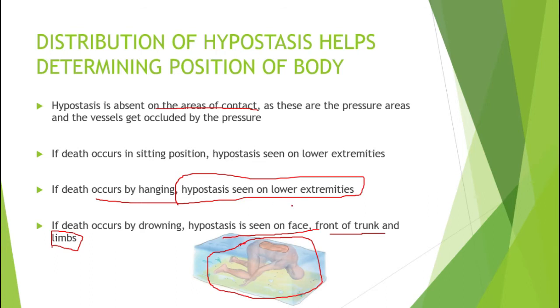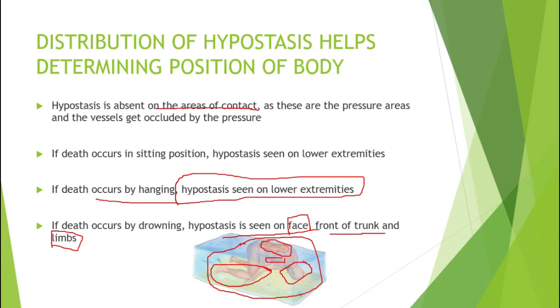So you see that the dependent parts in this position are head or face, front of trunk, and limbs. And it will be absent on the posterior surface of the body. So hypostasis helps us determine the position of the body.